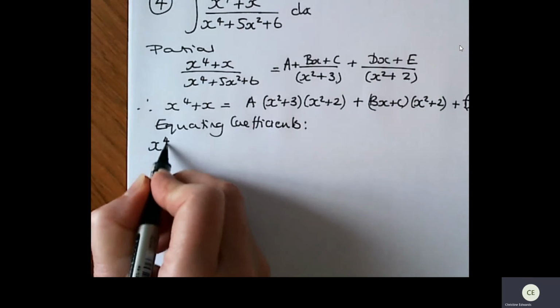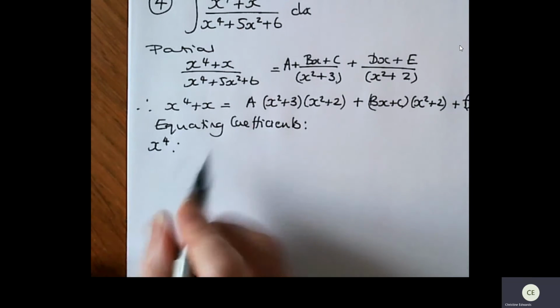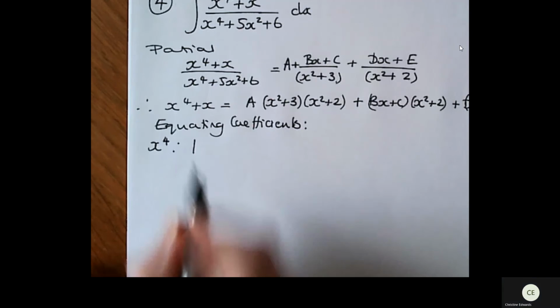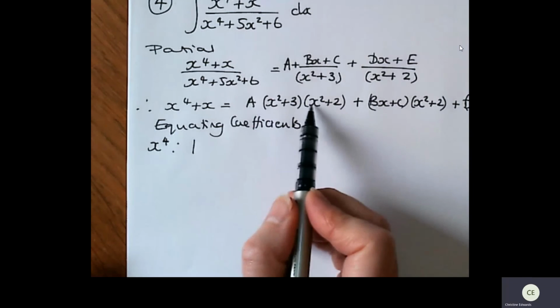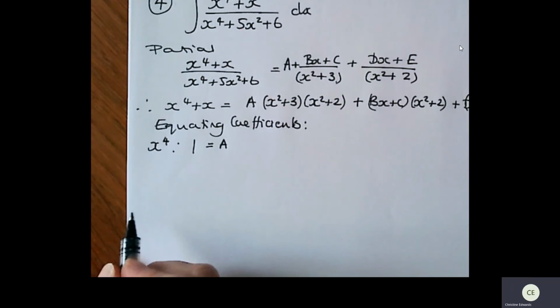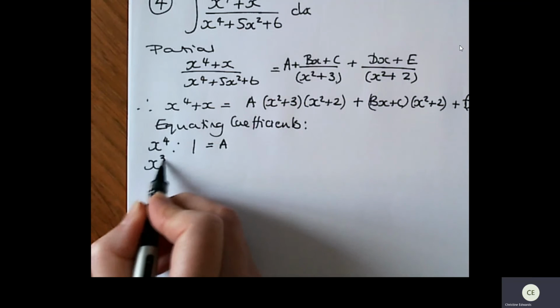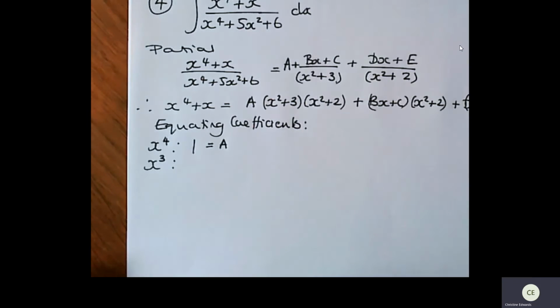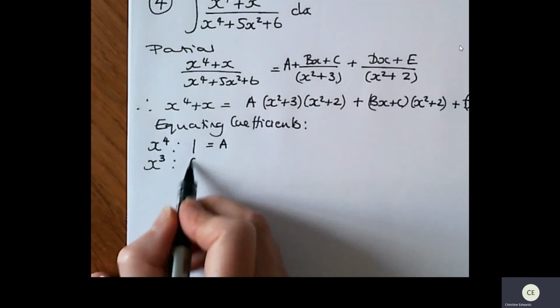So x to the power of 4. I have a 1. And I'm going to get an x to the power of 4 from these two multiplied together. So that's going to equal a. So we have our first coefficient. X cubed. And they're all only on the left.